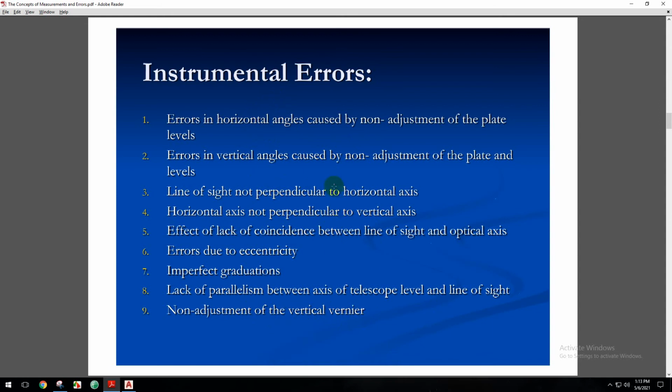Ang importante is ma-recalibrate ang imong instrument aron ma-check sa technician kung functional pa ba or accurate pa ba ang imong instrument. Kung mao pa ba ang angles nga gipangbasa. Even seconds lang, dako na siya og factor sa imong accuracy. Okay? So mao na ang mga instrumental errors.